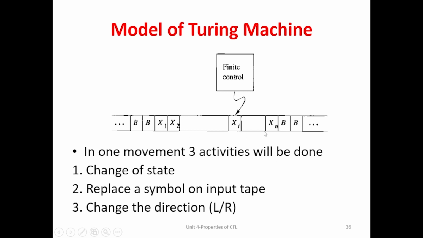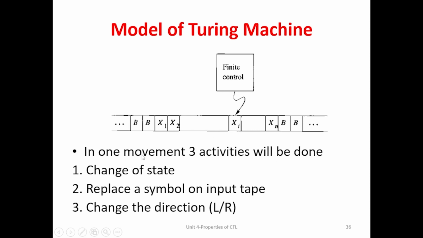And from x1 to xn, this is the valid input string. So this input string will be pasted at any location of the infinite length tape. So from x1 to xn, the finite state control can be moved either left or right. So the movement can be varied by the finite state control.